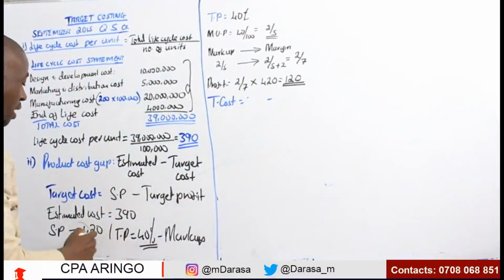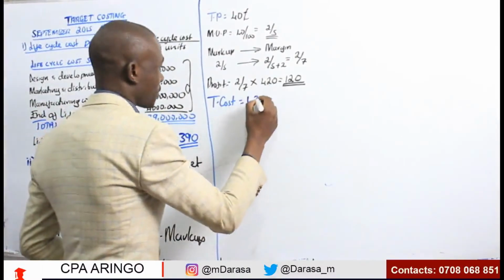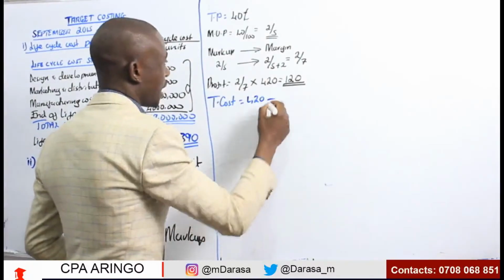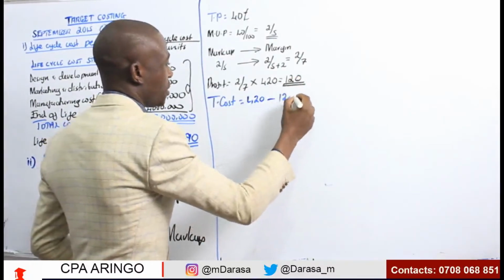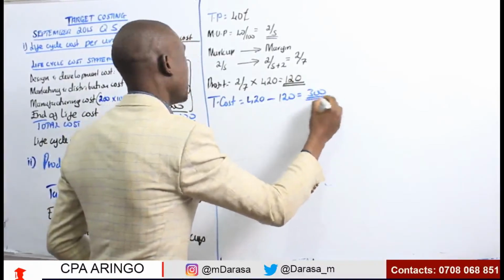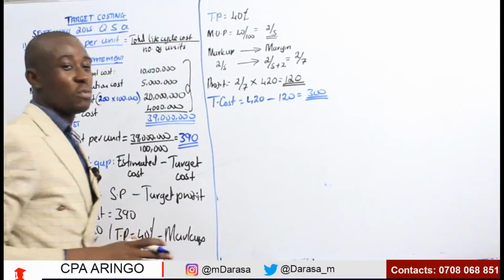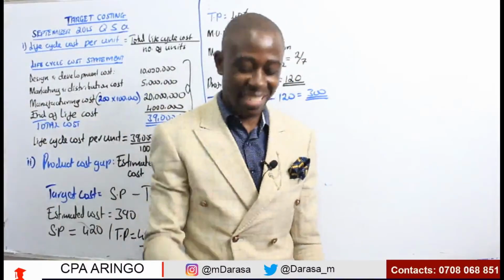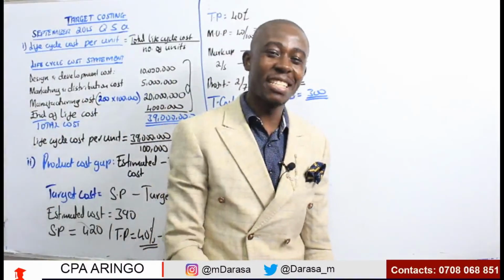Selling price, we have 420. Target profit, we have 120. So that should give us 300, right? So my target cost is 300. As simple as that.